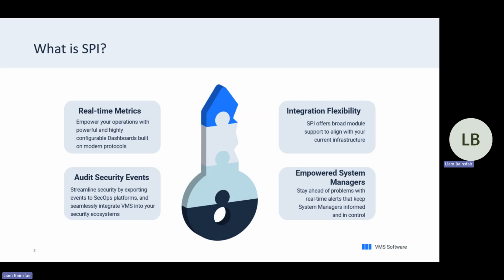VMSSPI can allow you to export real-time metrics out of your VMS system. It can allow you to export security events and system events to other platforms that are potentially more powerful at maybe logging, searching. Like you can use the power of search engines and powerful visualization tools such as Grafana, Splunk, Elasticsearch, Dynatrace, etc., etc., etc.